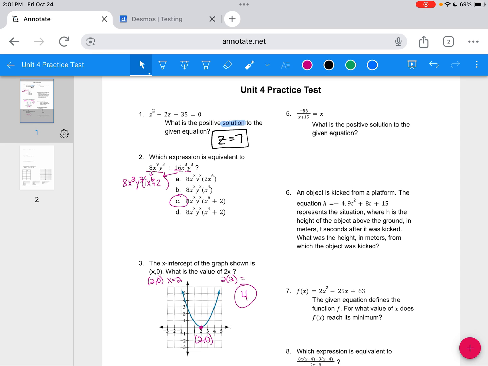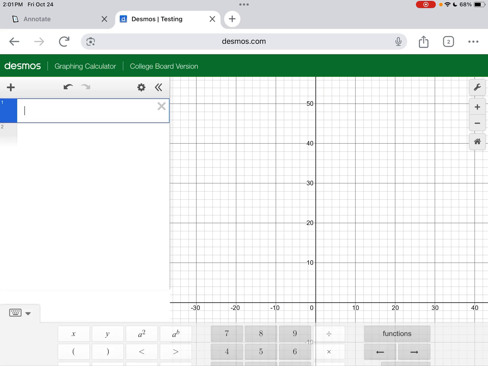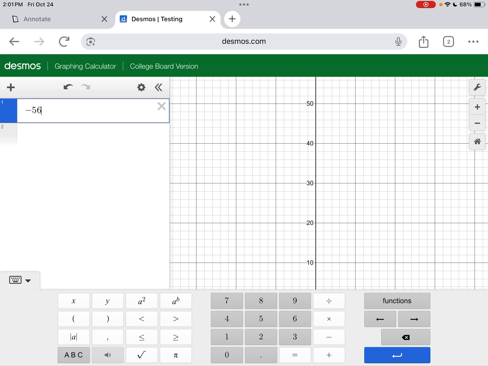Number 5 wants to know what is the positive solution to the given equation. Again, keyword solution, I'm finding an x-intercept. So let's go ahead and graph what they give us. Negative 56 over x plus 15 equals x.